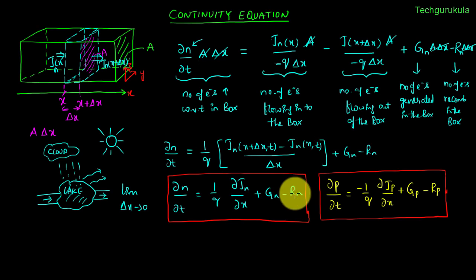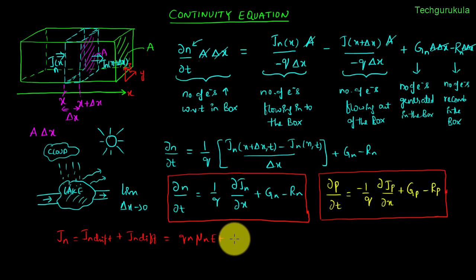Now, of course, this equation doesn't tell everything, in the sense that J_n is given by J_n drift plus J_n diffusion. And this is given by q times n times mu_n times E plus q times D_n times del n over del x.